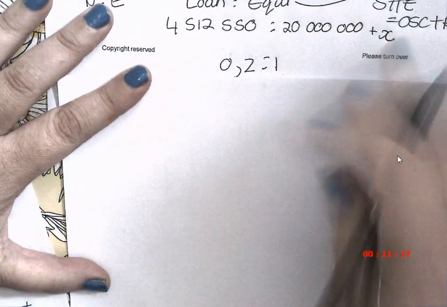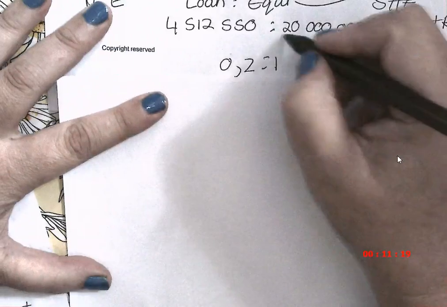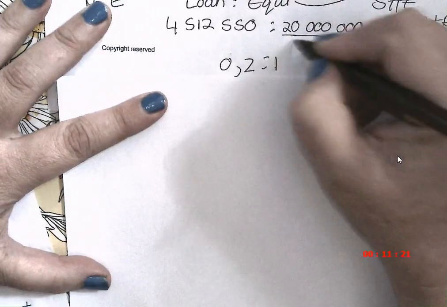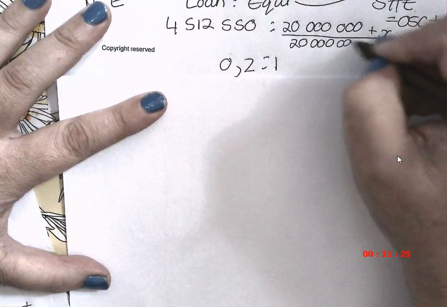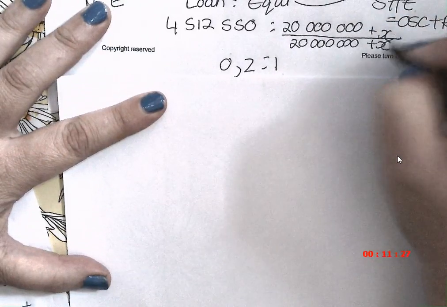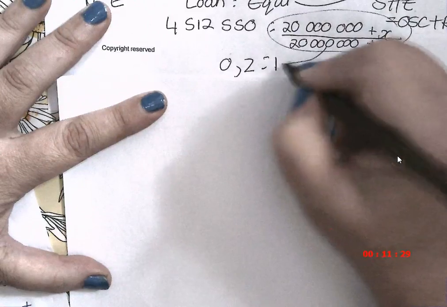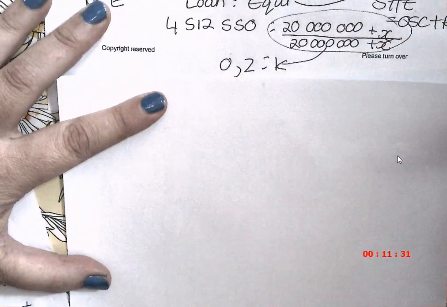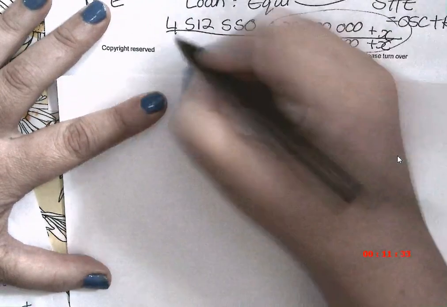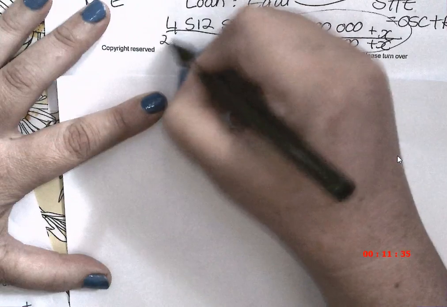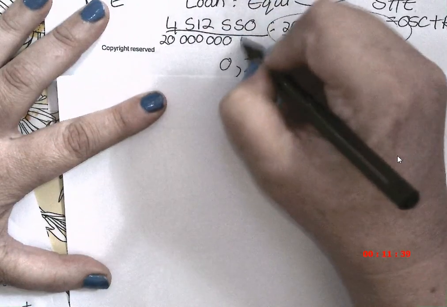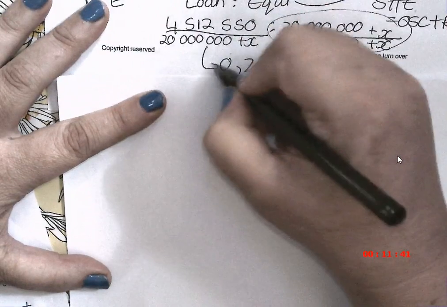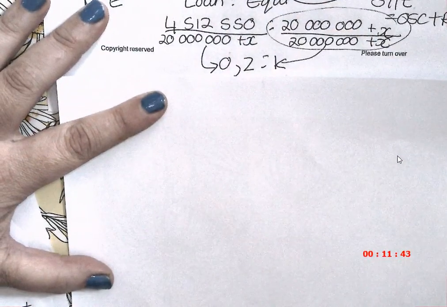Remember, I say this guy is 20 million plus X. If I divide it by itself, it gives me 1. And this guy, if I divide by 20 million plus X, it will give me 0.2.